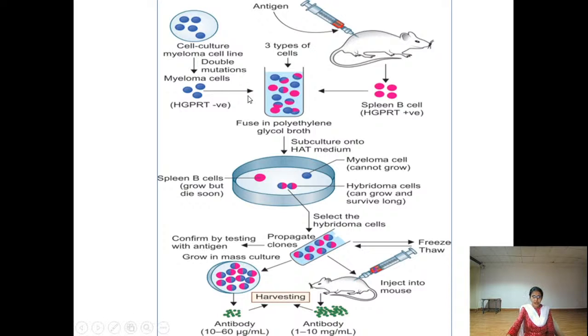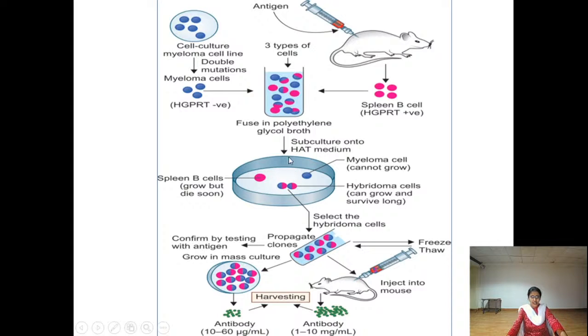Myeloma cells and splenic B cells of the mouse are then fused in PEG, polyethylene glycol broth. In this reaction chamber three types of cells are generated: unfused myeloma cells, unfused mouse splenic B cells, and fused hybridoma cells.